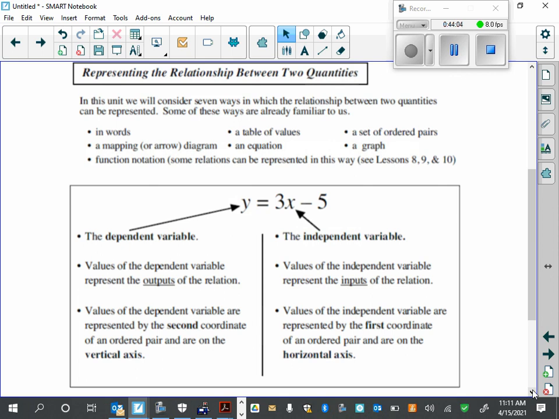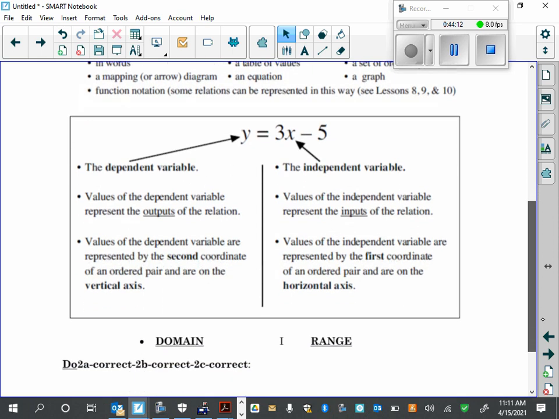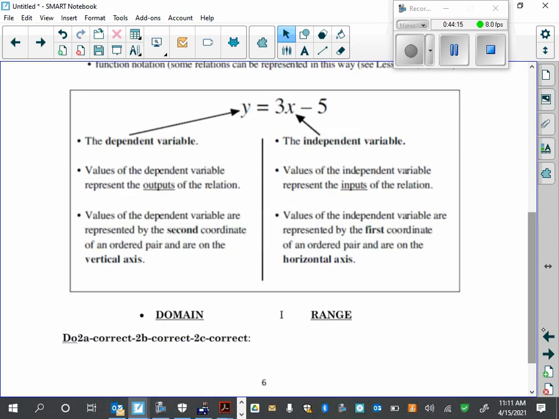Dependent variables give you the outputs, and just underline those words, independent, for x, gives you the inputs. The inputs and outputs is really something no one gets wrong. And of course, you need to know where your x and y are. When you have an ordered pair, your x comes first, your y comes second.